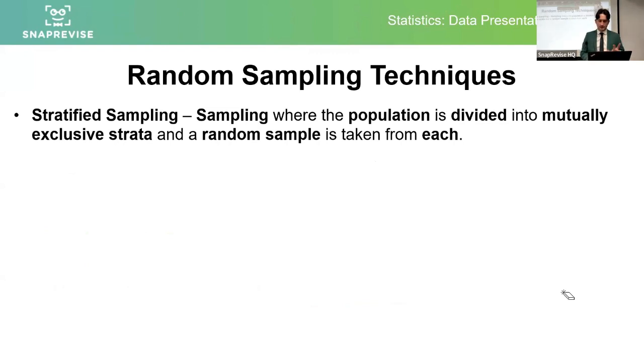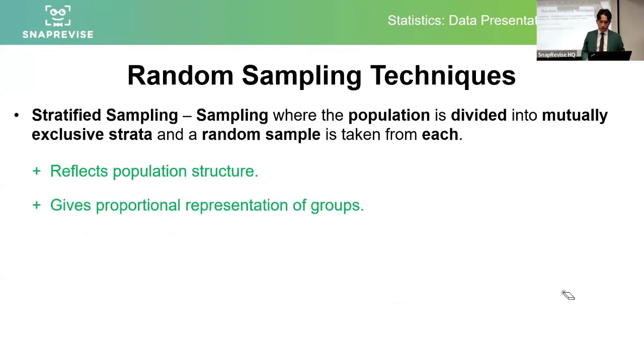Another type of sampling is stratified sampling. This is taking the population and splitting it into strata, which are like exclusive groups where everything's categorized. It might be by race, where you're from, religion, anything we can categorize like that, and then used for random sampling.